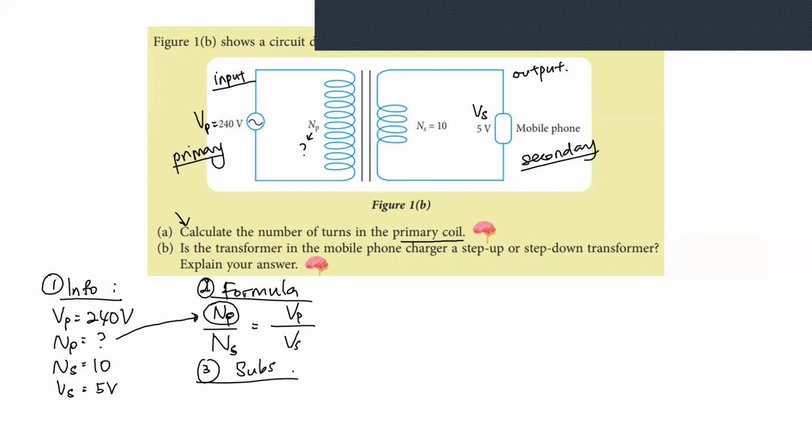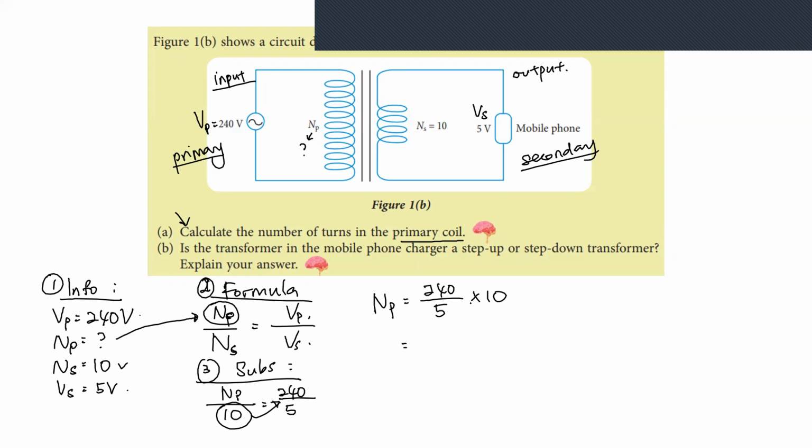NP divided by NS, 10, equals VP, 240, and VS, 5. Then what do we need to do next? Yes, cross multiply. So NP equals 240 divided by 5 times 10.